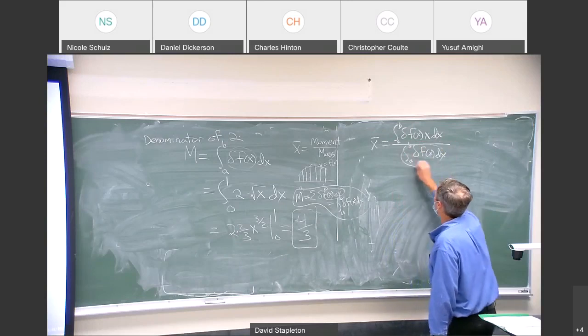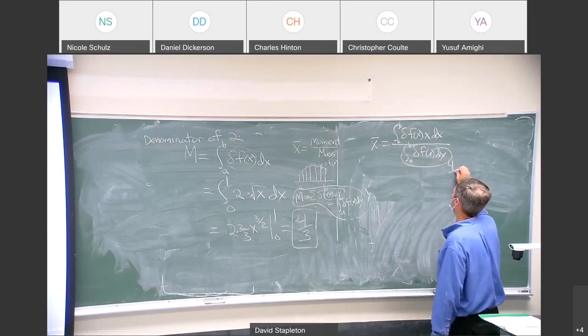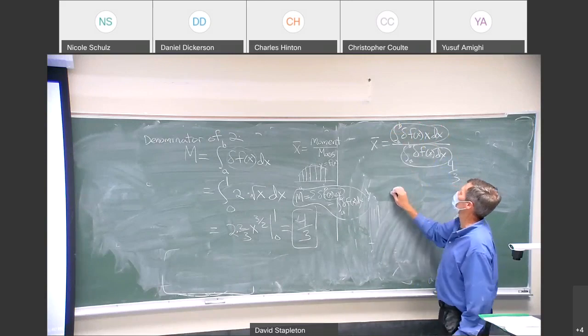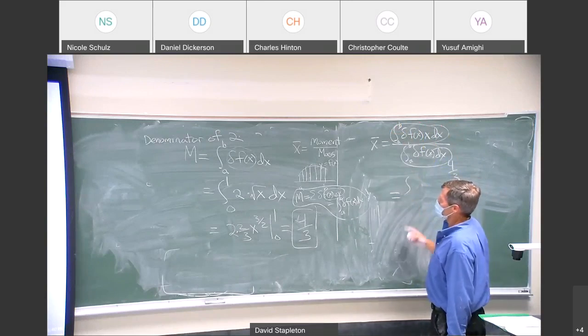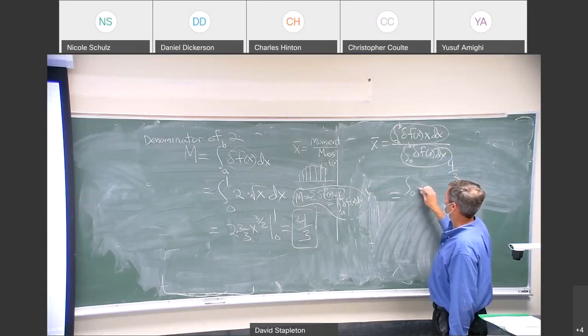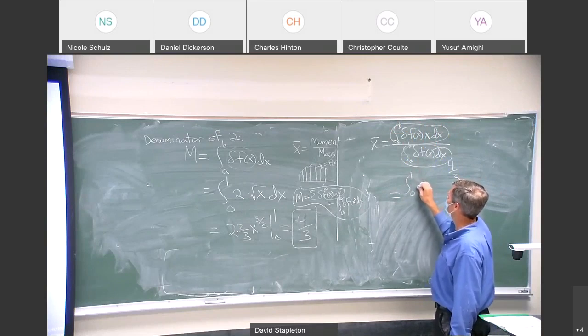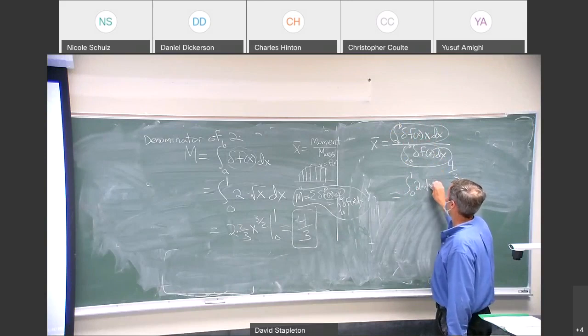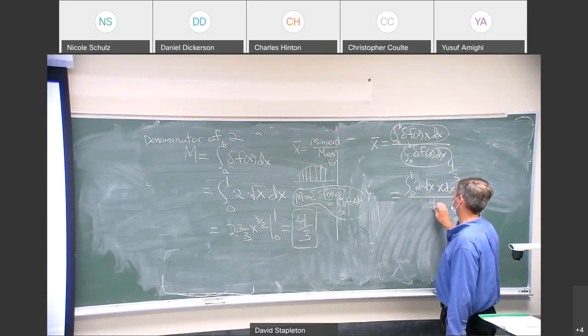But this one we already calculated, it was 4/3, the mass. The top one is the moment of mass. That's what we still need to calculate. I just erased it, but the region went from x equals 0 to x equals 1. The density was 2. The height of the function was square root of x, and then I need to multiply that by x this time, dx. And the bottom I can just put in 4/3 and recalculate.